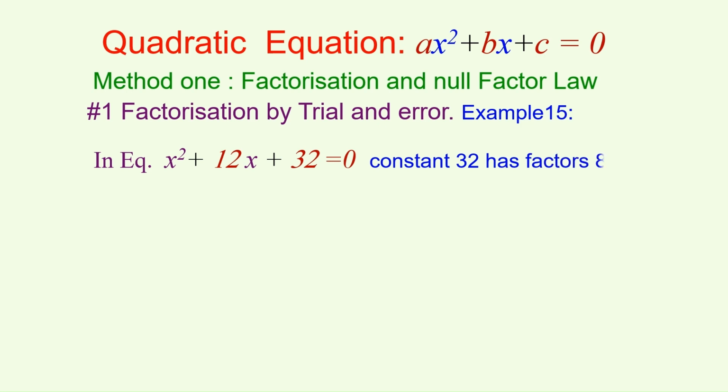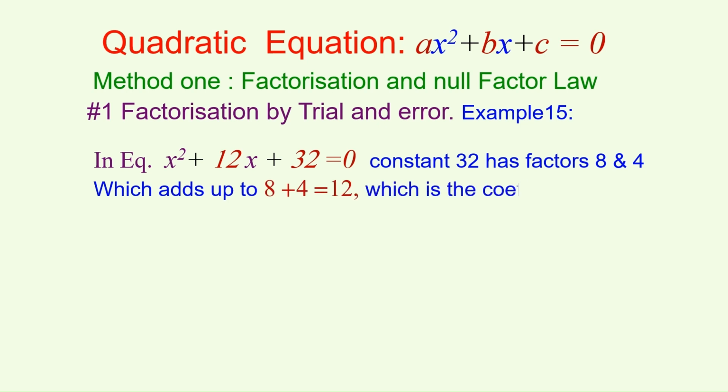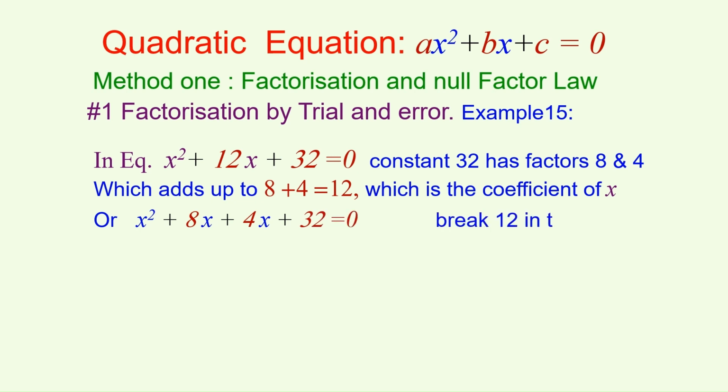In the equation x squared plus 12x plus 32 is equal to 0, the constant 32 has factors 8 and 4, which add up to 8 plus 4 is equal to 12, which is the coefficient of x. Break 12 into 8 and 4, or x squared plus 8x plus 4x plus 32 is equal to 0.